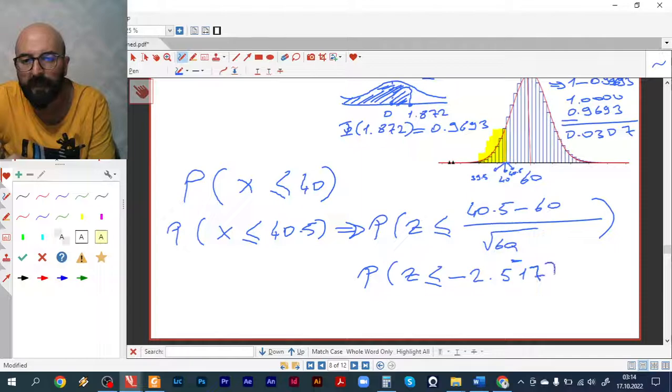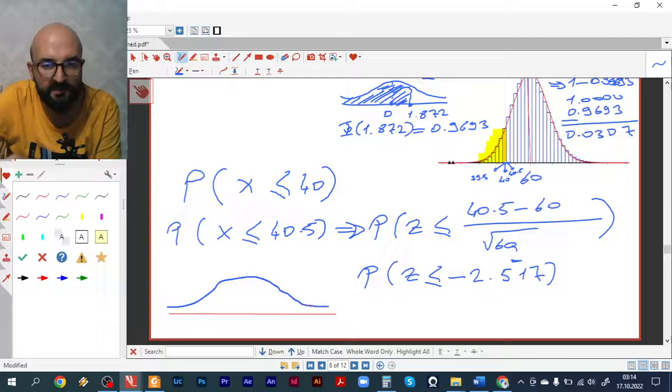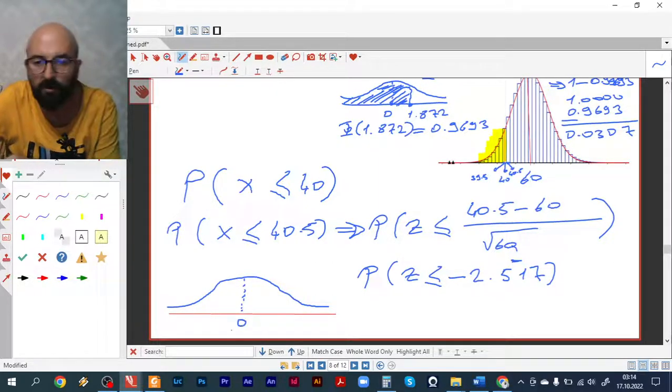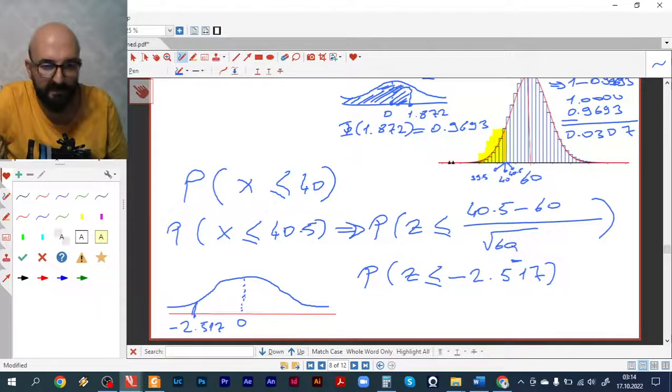Okay, and I want to draw the curve. The z value 0, and minus 2.517 means this point, and we take the area where z is less than or equal to minus 2.517, this section.